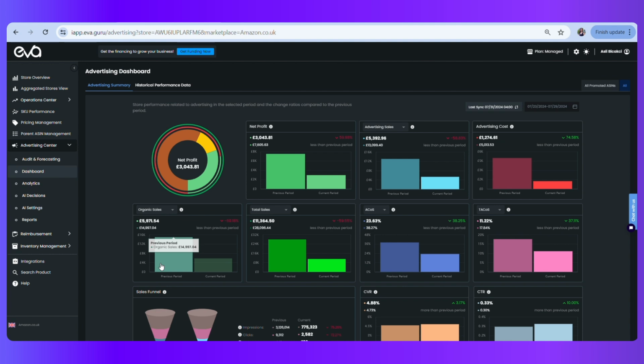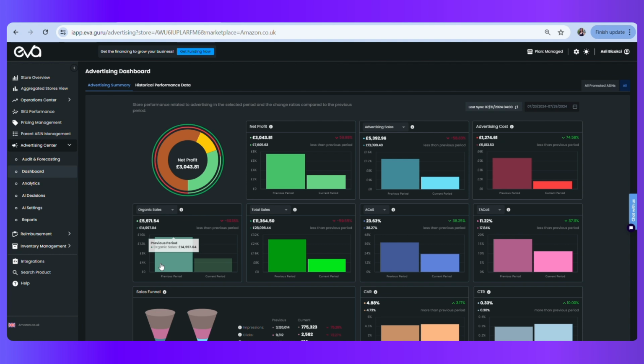There are some reasons why we observe negative organic sales, including returns or payment failures and that kind of thing. Sometimes total sales are less than the advertising sales because returns or payment failures do not immediately reflect in the advertising sales.